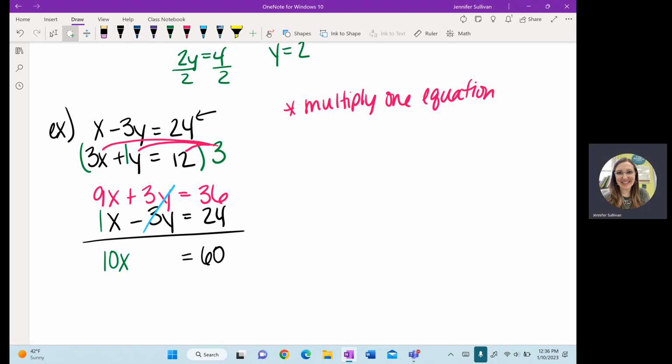Now I'm going to go ahead and smush this equals 60 right over here. I know that my equal signs are no longer in line together, but at least this makes it a little easier to deal with in terms of solving. So now in order to get x by itself, I'm going to divide by 10. x equals 6.